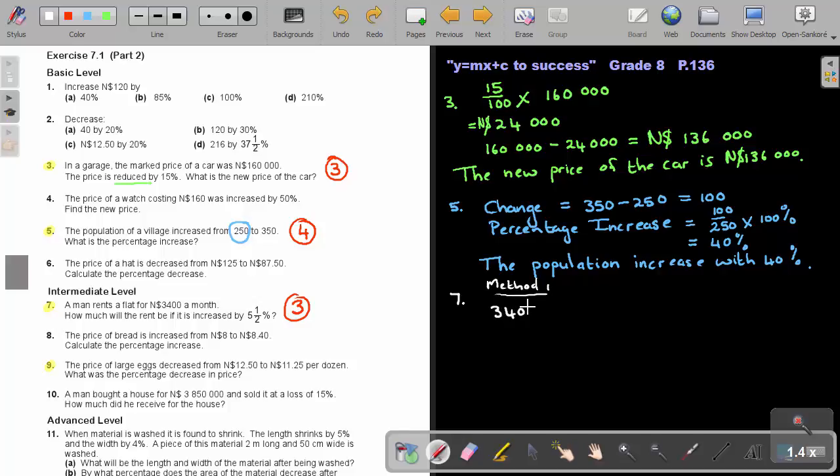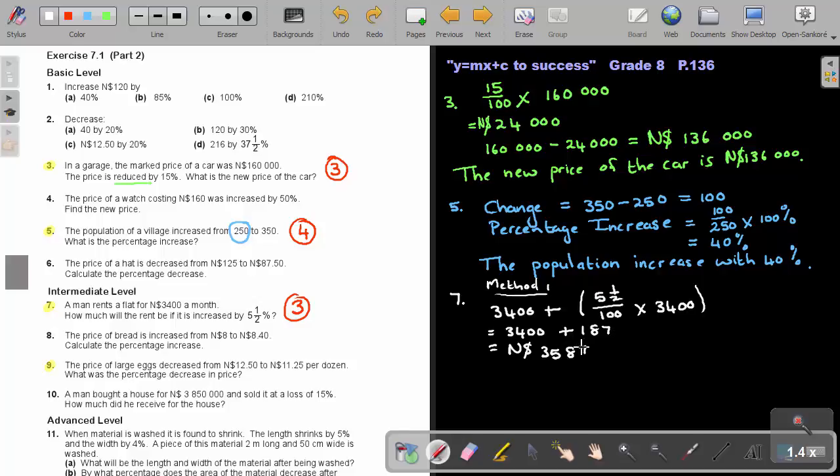We basically just take that 3,400 and add 5.5%. We work out first 5.5% of 3,400. Then because it's increased, do you see, we're going to add it up. So we're going to get 3,400 plus 187, and the answer will be 3,587 Namibian dollar.